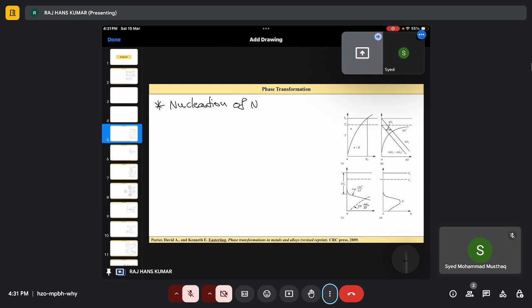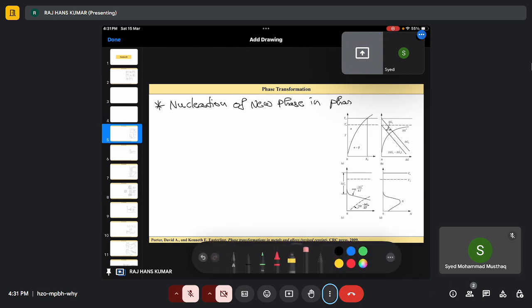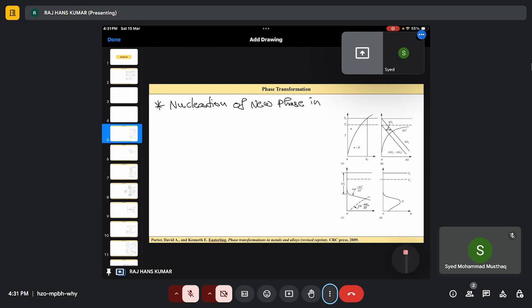nucleation of a new phase in the parent phase.